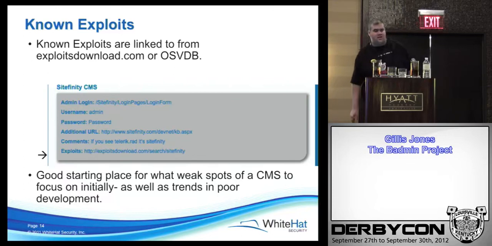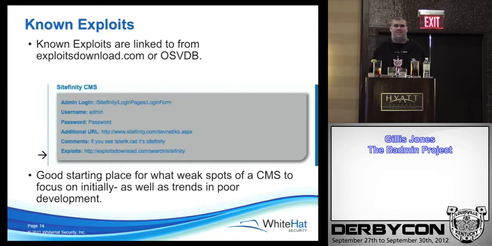Now, I either link to the site exploitsdownload.com because they're the most reliable for CMSs that I found, or OSVDB, because unfortunately OSVDB doesn't have a huge range of web app related vulnerabilities.